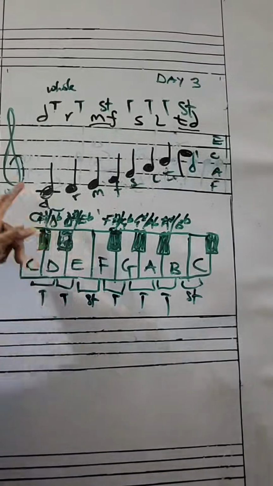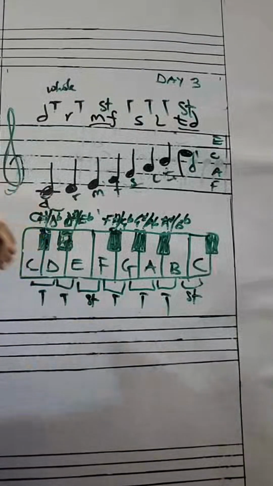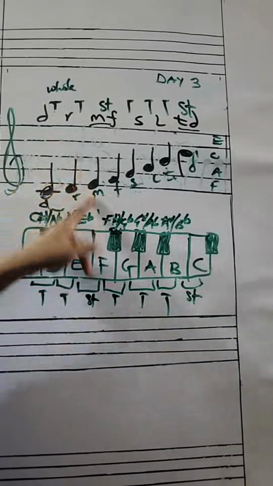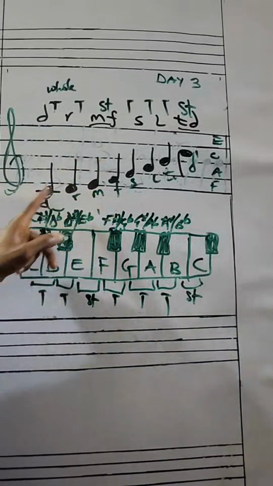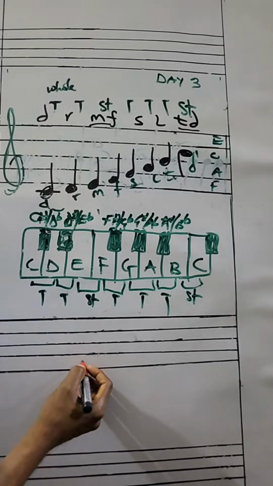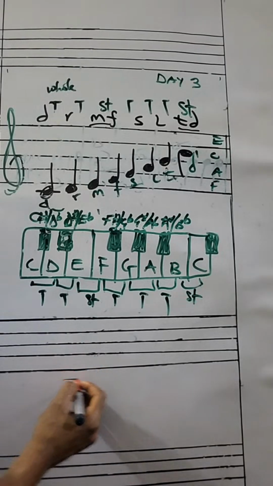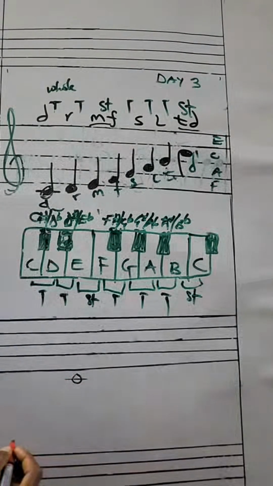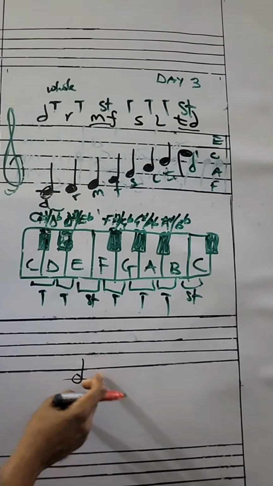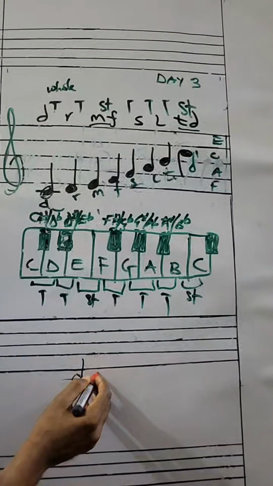From your tonic, which is your do, we go do, re, mi, fa. From your tonic, you don't miss any line. In music, we don't miss any line. That means if this is my do, this other line is my re.